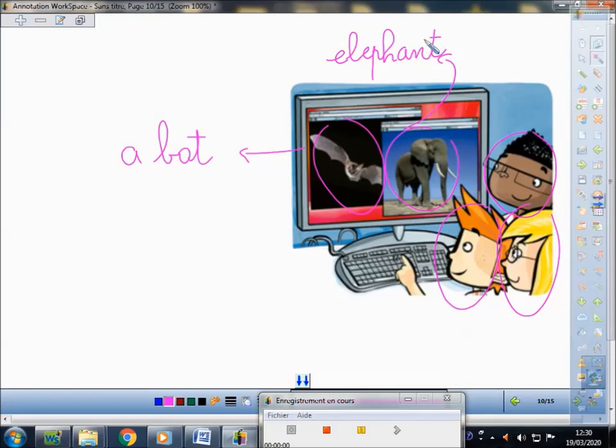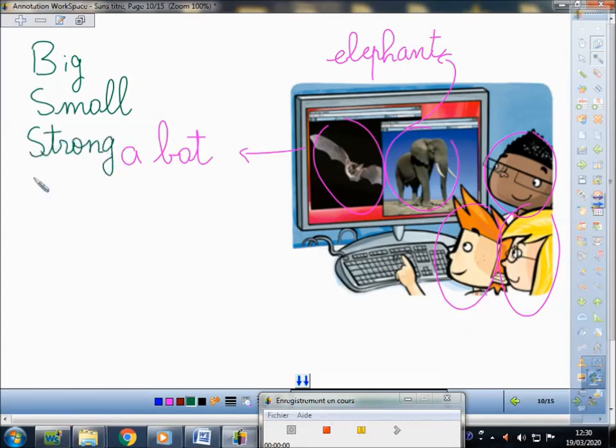Now, today, I want you to remind me of the adjectives we saw together. For example, we saw different adjectives like the adjective big, like the adjective small, like the adjective strong, like the adjective weak, like the adjective bad, like the adjective good.